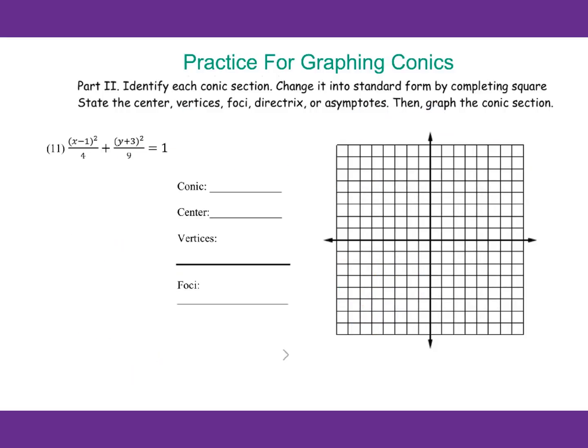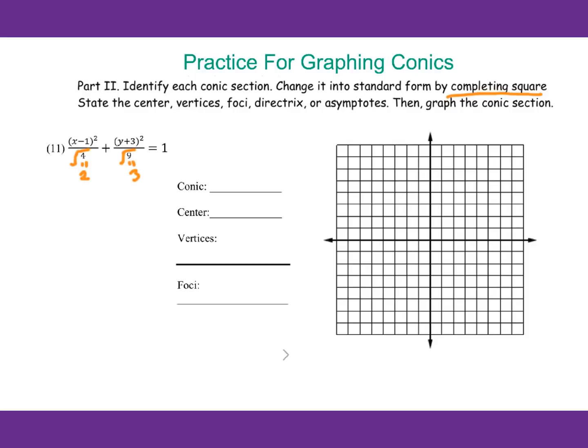Let's go to number 11. Since number 11 is already in standard form, you don't have to change it into standard form by completing the square. Therefore, we take the square root. That is 2. Square root of 9 equals 3.